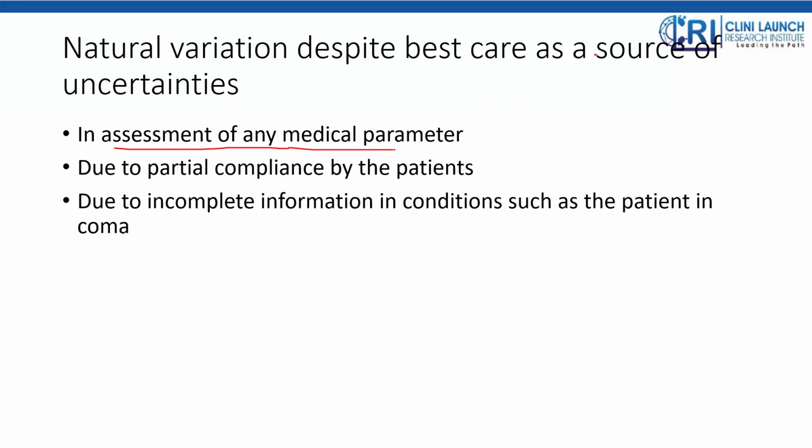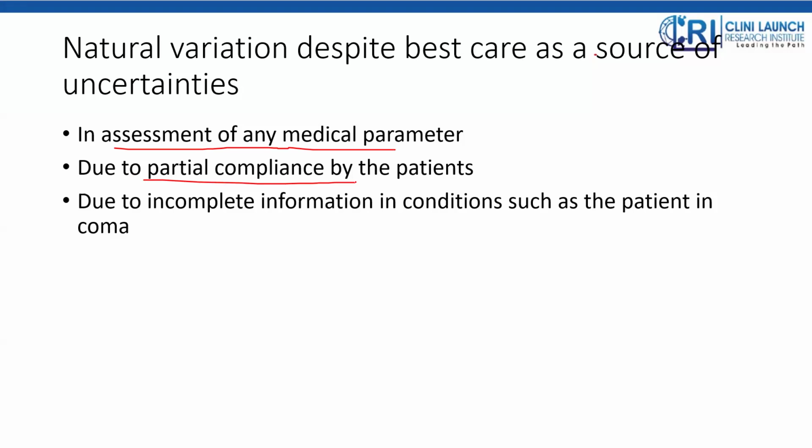Earlier, now we have digital machines, but earlier, people had to see the mercury barometer to record the blood pressure. So visual defects might be there, and partial compliance by the patients. You said the patient should consume the drug immediately after food, but the patient has consumed the drug after or before the food, or maybe on oily food, something like that. The patient is not showing compliance.